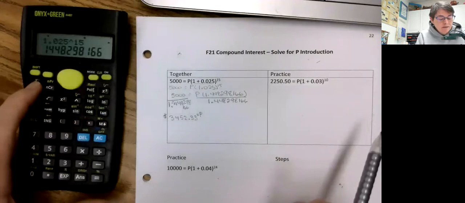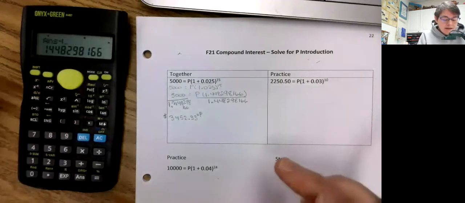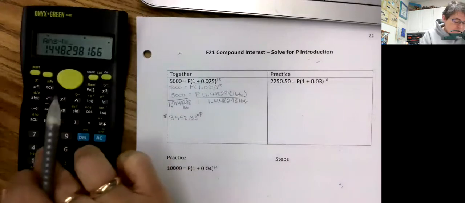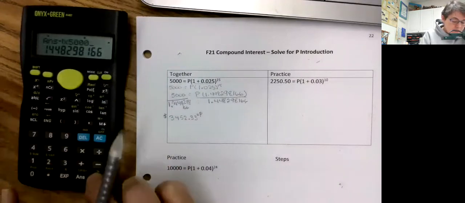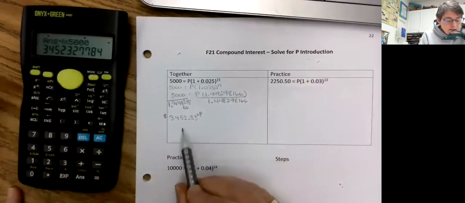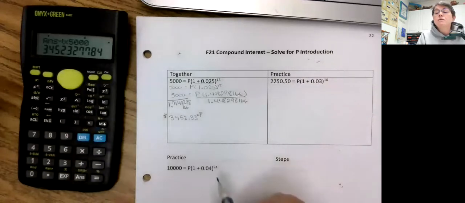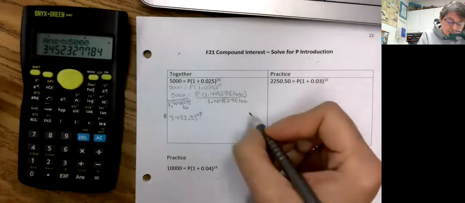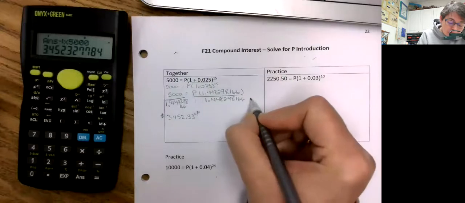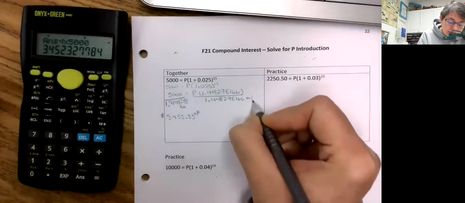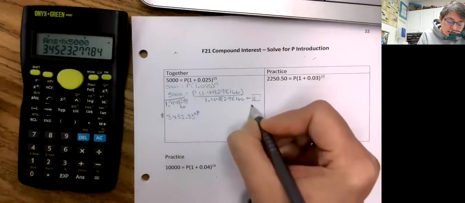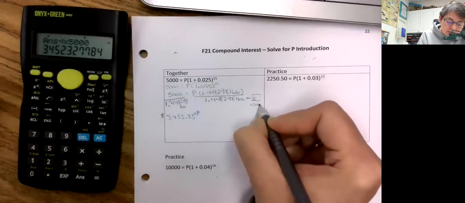You're doing the reciprocal. And then you multiply by 5,000. And you get exactly the same answer, and you don't have to punch it in all the time. So it's this one, and then you go 1 over x, and then you go times 5,000.